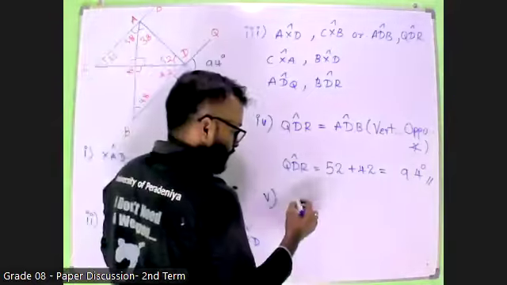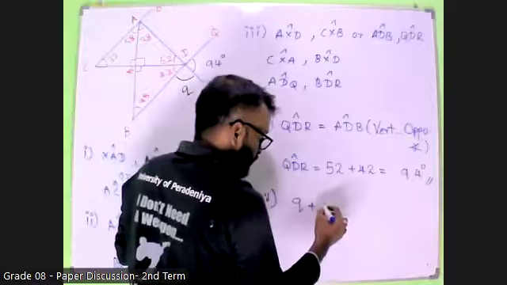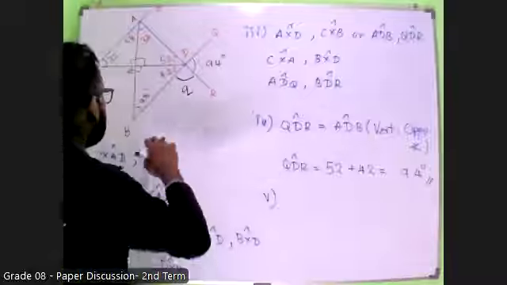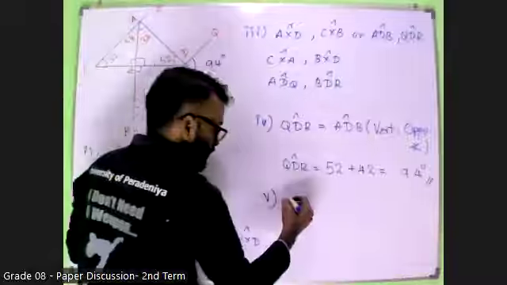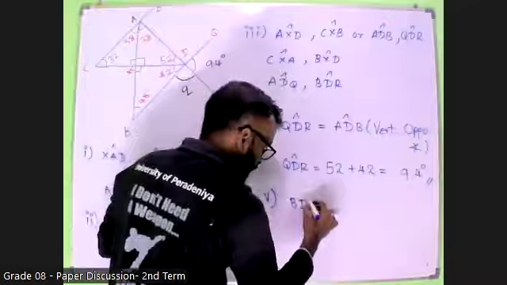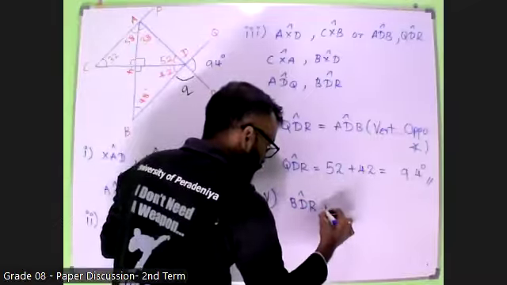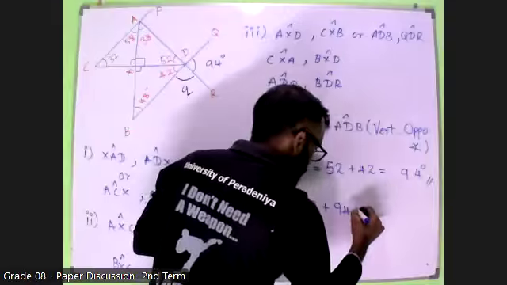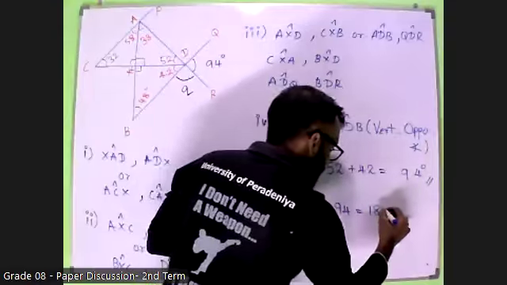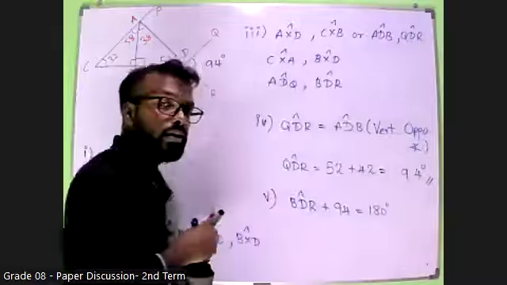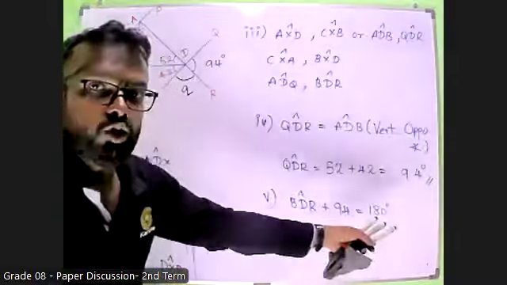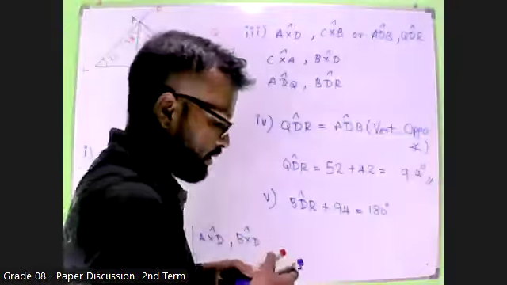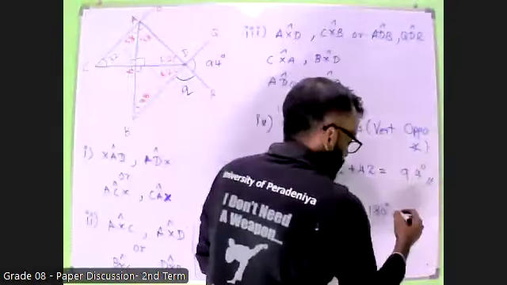So I can write similarly, BDR angle plus 94 equals 180. Why? What is the reason? Angles on a straight line, or you can say supplementary angles.